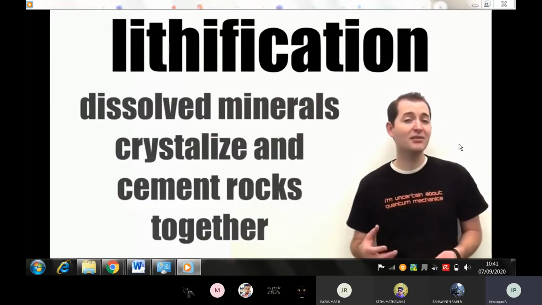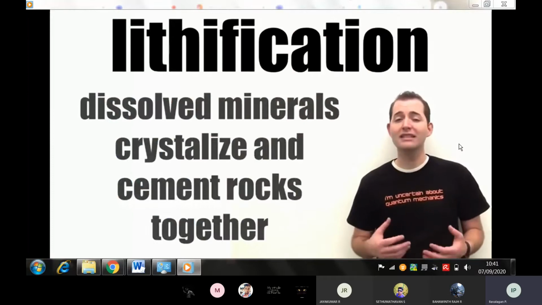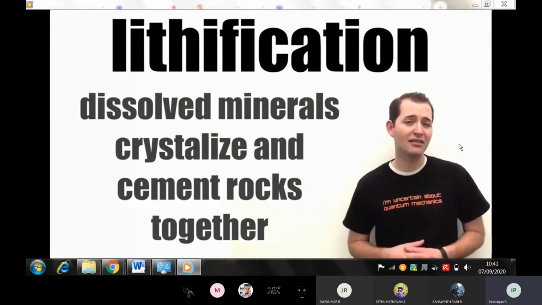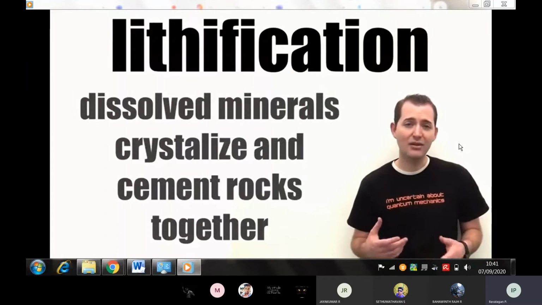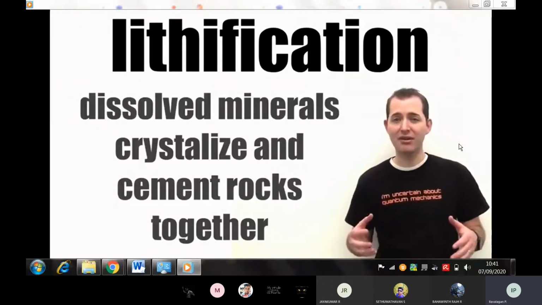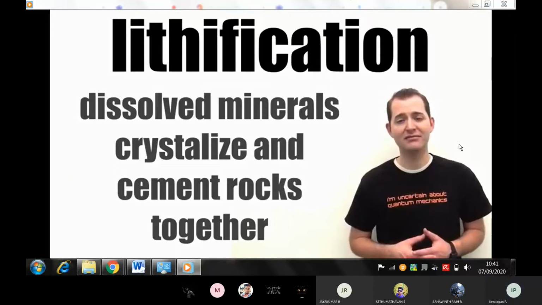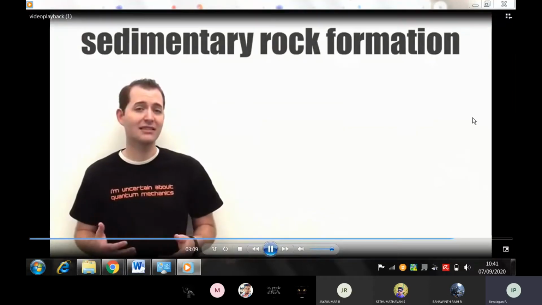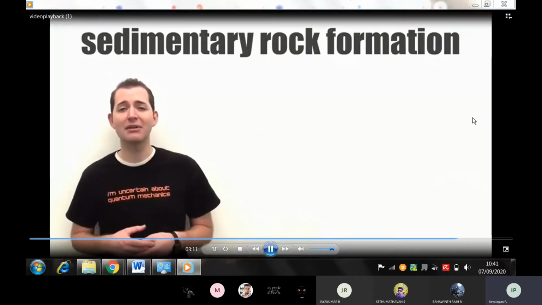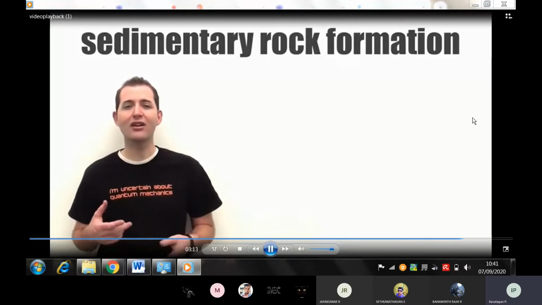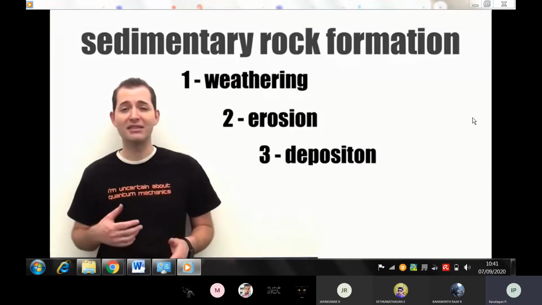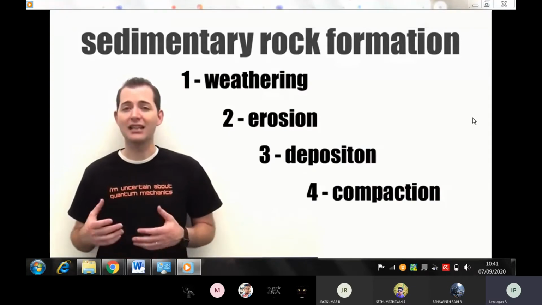Lithification takes place as minerals dissolved in water seep into the spaces between rocks. These minerals work to cement or glue these clasts together. The process of cementing these rock pieces together is lithification. That describes the 5 processes required to make any sedimentary rock. Again, those are weathering, erosion, deposition, compaction, and lithification.